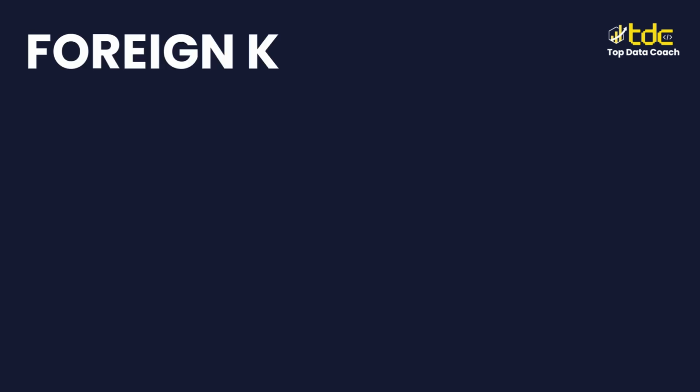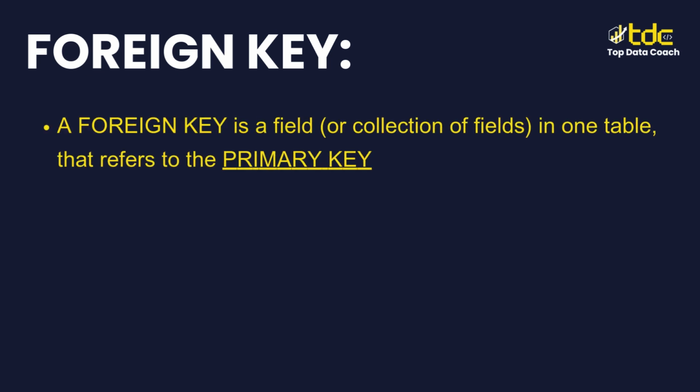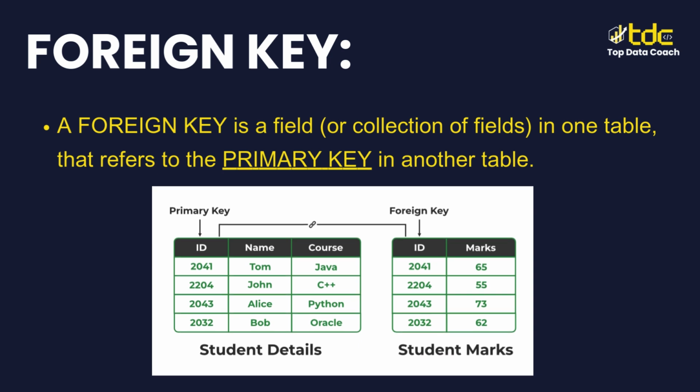Now that we have understood the primary key, let's explore how a foreign key works with a similar analogy. A foreign key is a field or a collection of fields in one table that refers to the primary key in another table. In simple words, a foreign key in a database is like a reference or link that connects one piece of information to another.